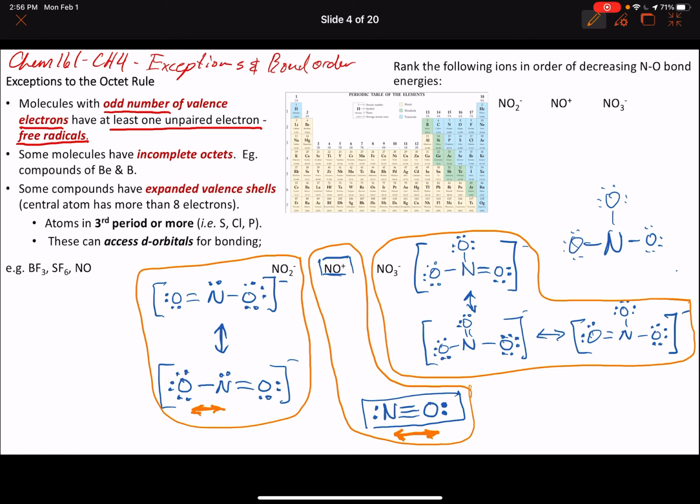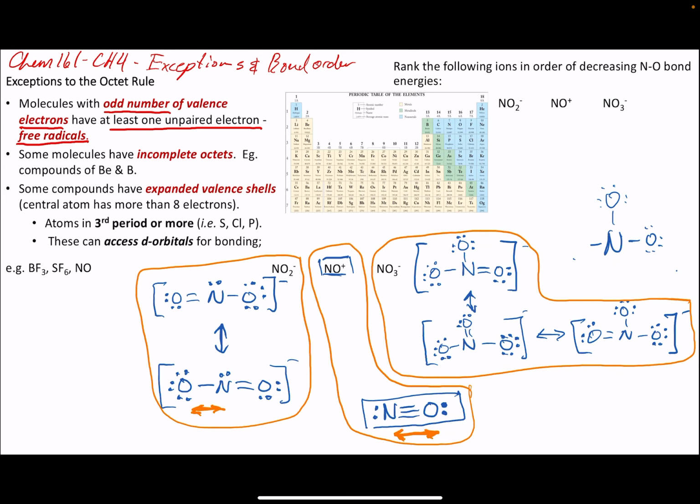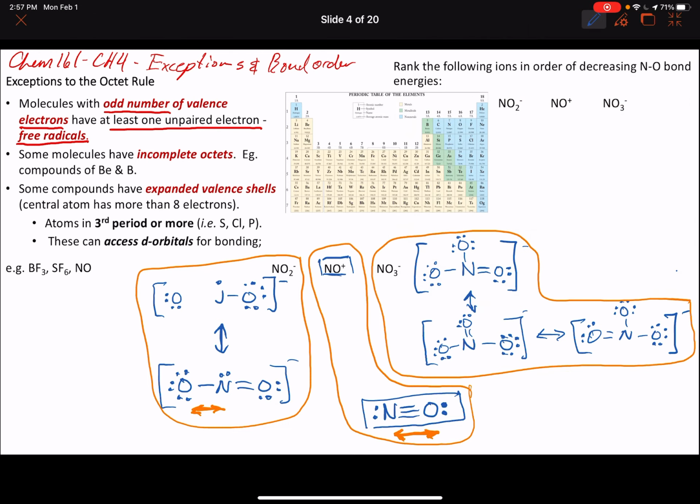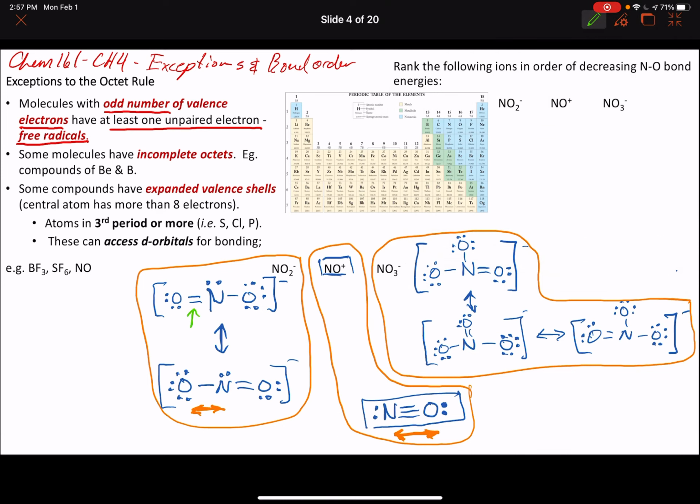Now, to help us further, we have the idea of bond order. So we'll work with a bond order to help us, given that there's resonance at play. As we touched on in a previous video, over in this area, we have 1, 2, 3 bonds that are at play across 2 different structures.